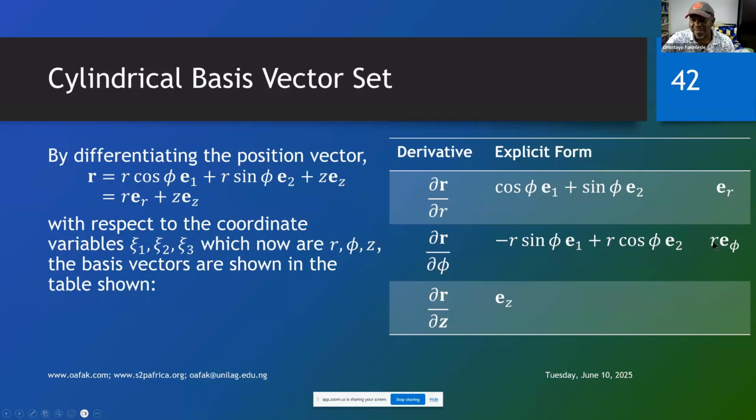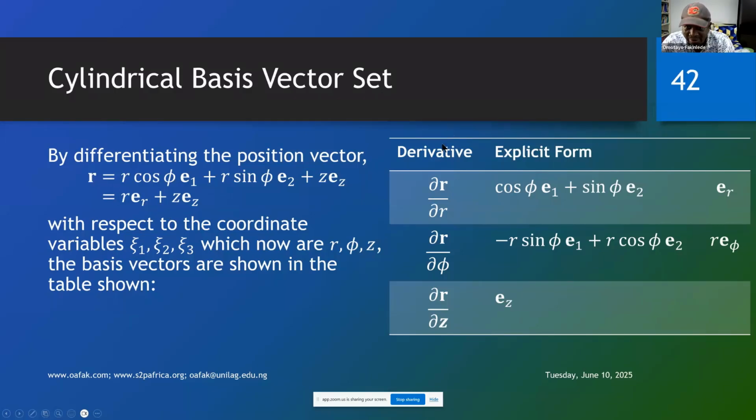The interesting thing is that even though it doesn't appear that phi is occurring in the expression, you can still differentiate with respect to phi because e_R itself is a function of phi.